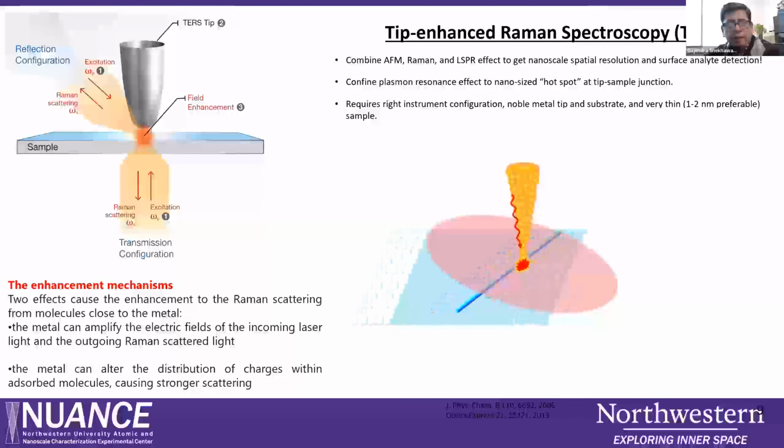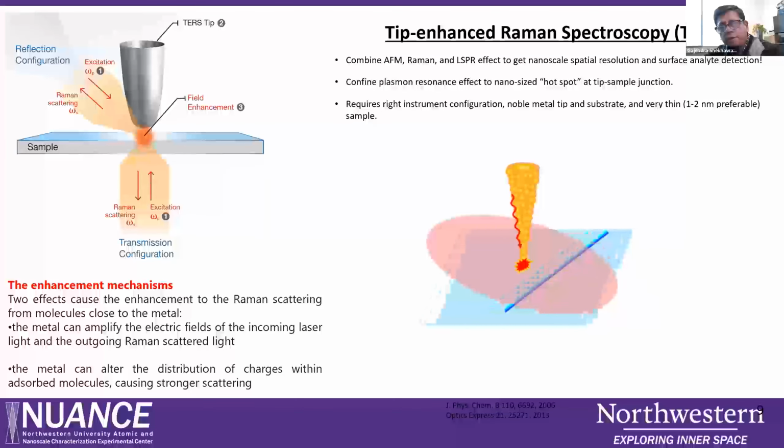In the case of TERS, there are two enhancement mechanisms. First, the metal coating can amplify the electric field of the incoming laser light and the outgoing scattered Raman light. And then this metal can also alter the distribution of charges within the absorbed molecules, which is responsible for a stronger scattering.